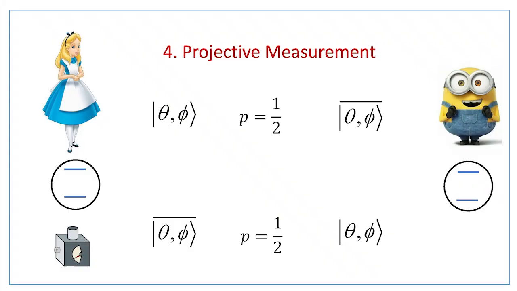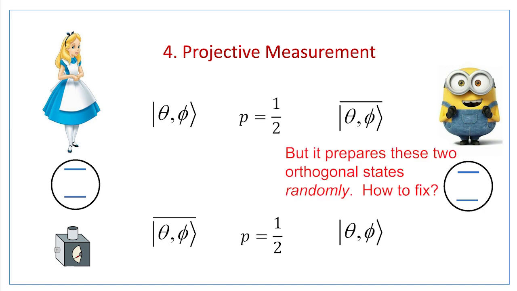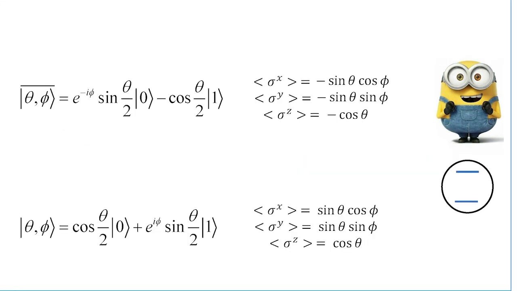And we can see that after performing such a measurement, the state on Bob's side seems to be prepared. If we look into the details of what type of state is being prepared, we can see that for one of the outcomes, the desired state is prepared on Bob's side, which is nothing but the arbitrary state which we want to initially prepare.